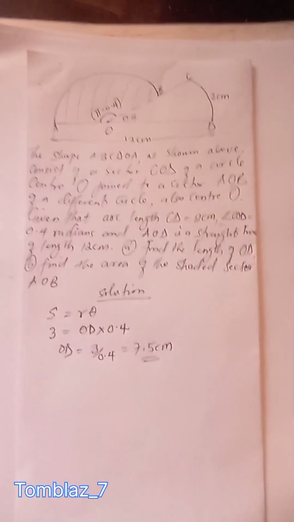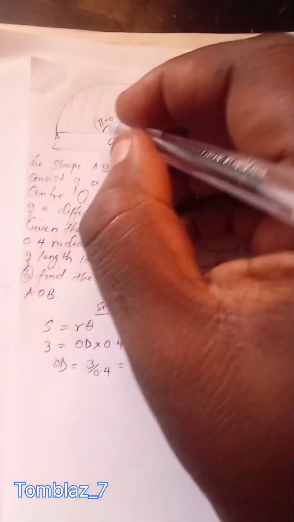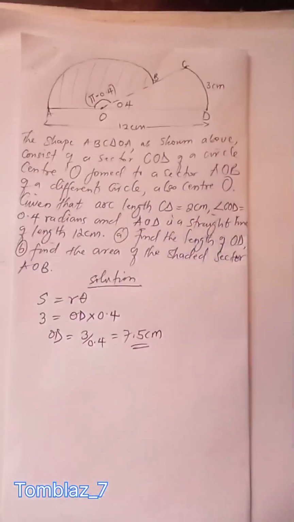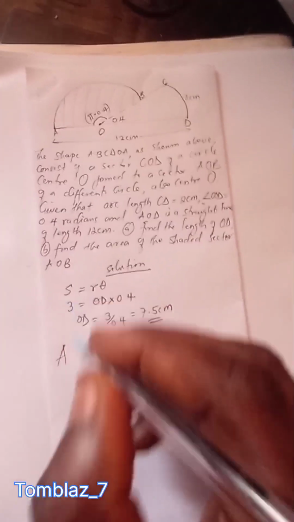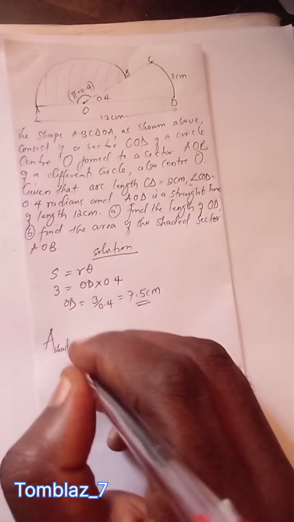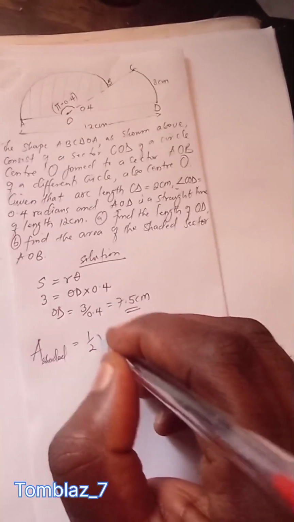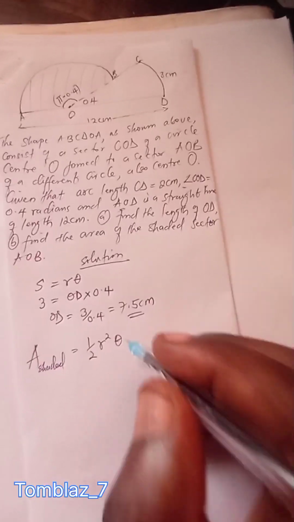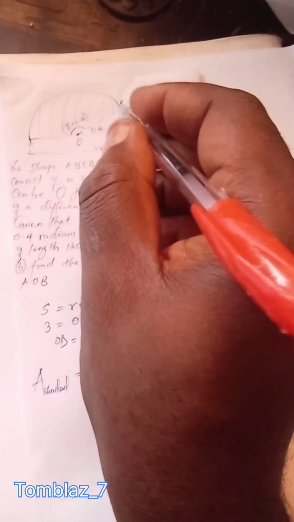Then how do we get this distance? That's OA. Because the area of the shaded portion is going to be 1 over 2 r squared theta. Now the challenge is, how do we get the radius? This is the radius OA or OB.